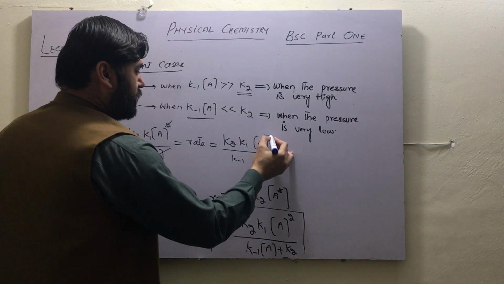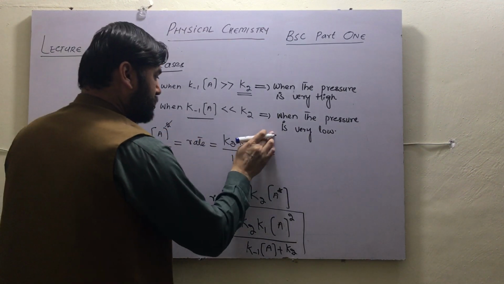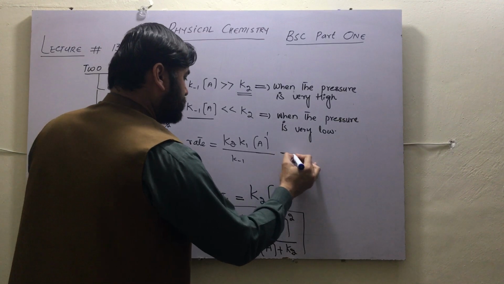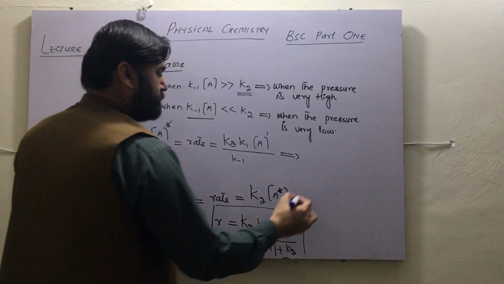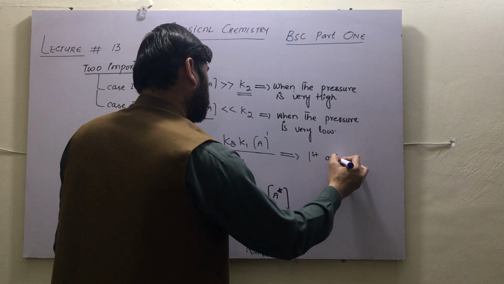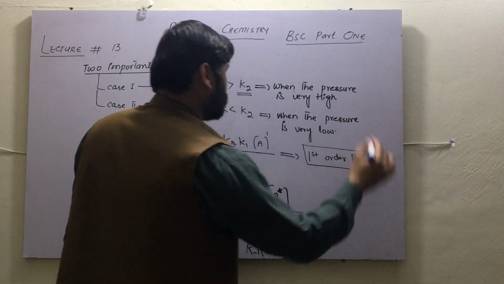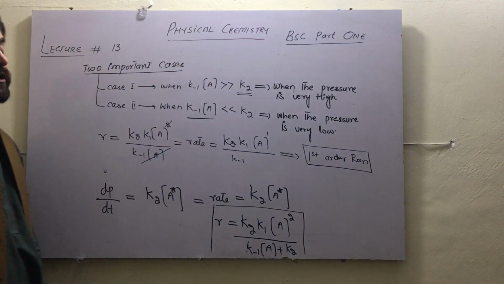So what is the order? The order, when it is cancelled, is 1. So in this case, this reaction will be first order reaction. This is very, very important. You need to memorize this thing.